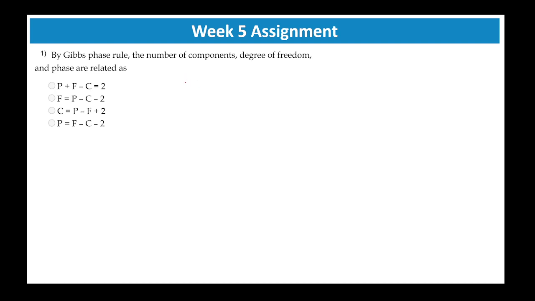If we want to derive the degrees of freedom by Gibbs phase rule, say for example, you have a system with P phases. Each phase will have some equilibrium because there will be some interaction between any phase, P1 with P2, P2 with P3, P3 with P1, and so on.